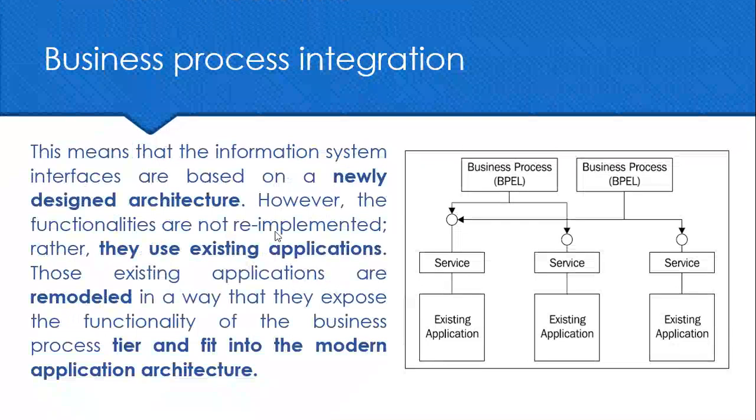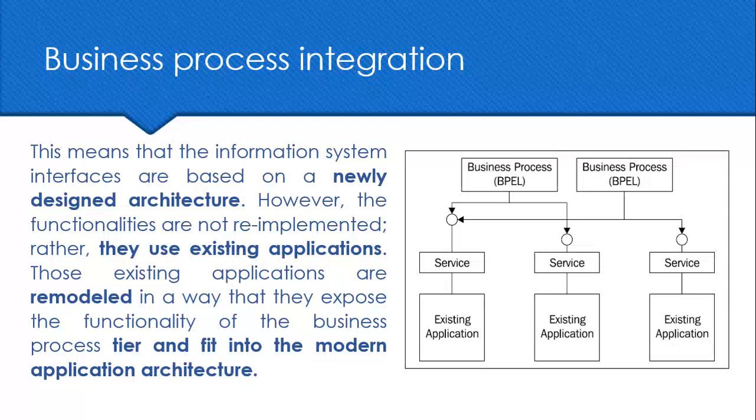So this means that the information system interfaces are based on the newly designed architecture. However, the functionalities are not re-implemented; rather, they use existing applications. So instead of creating new applications, they tend to integrate them.